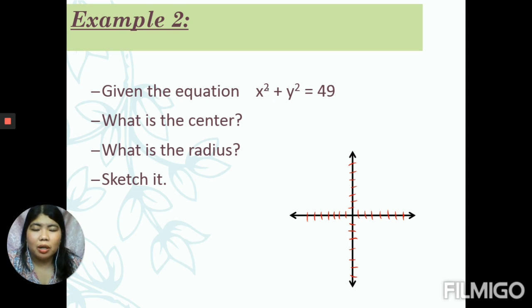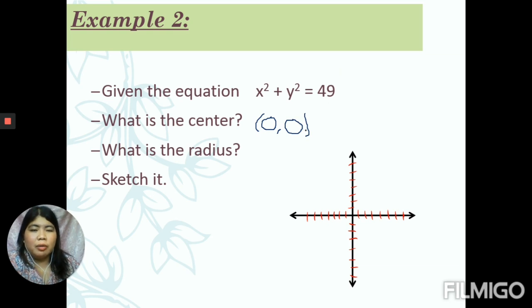Meaning ang x coordinate ng center natin ay 0, and ang y coordinate ng center natin ay 0 din. So, ang h, k natin ay 0, 0. So, ang center natin ay 0, 0.